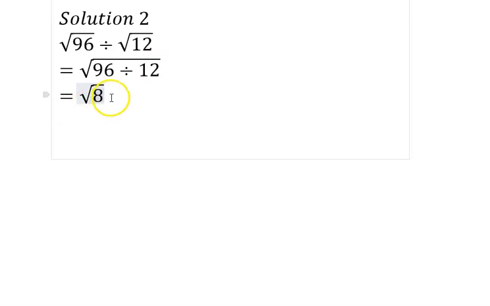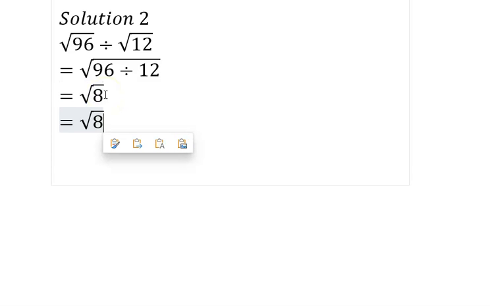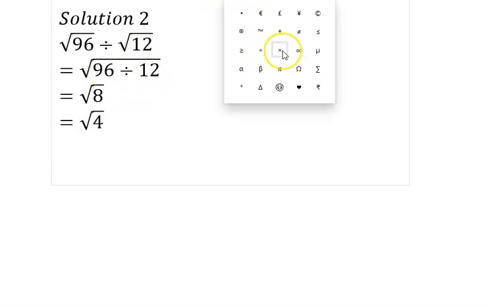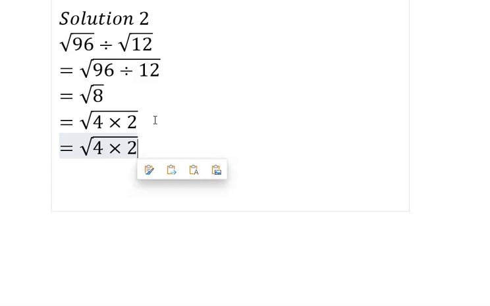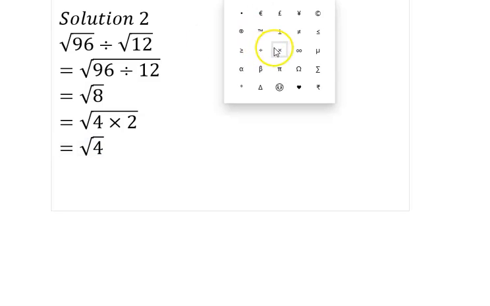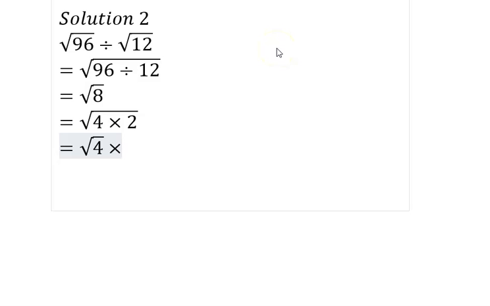But 8 can be split into numbers that give us a perfect square, which is 4 times 2. 4 times 2 will give us 8. So we can split this into 4 and 2.